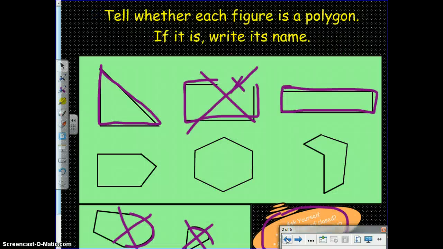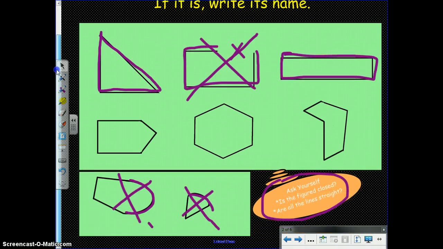And if you want to determine if something is a polygon or not, you just have to ask yourself these questions right here. Is the figure closed, meaning there are no gaps? And are all the lines straight? Are they made up of straight line segments, unlike these ones down here?